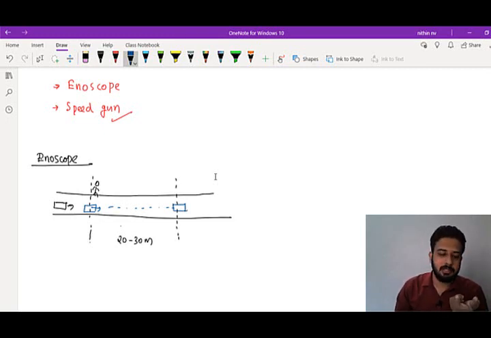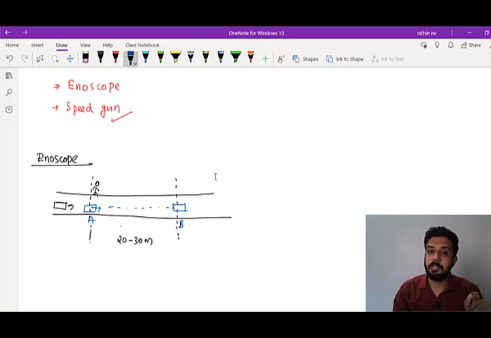Then we get the time that vehicle has taken to travel from point A to B. We already know the distance, 20 or 30 meters. If we divide by the time taken, we get the speed of the vehicle.